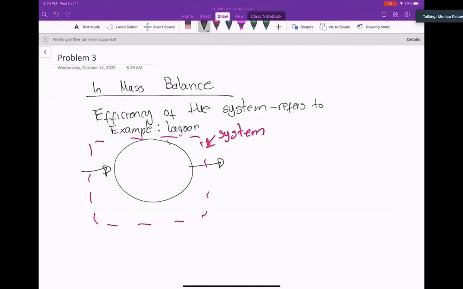So the efficiency of the system refers to the mass per time change. Okay, so what does that mean?